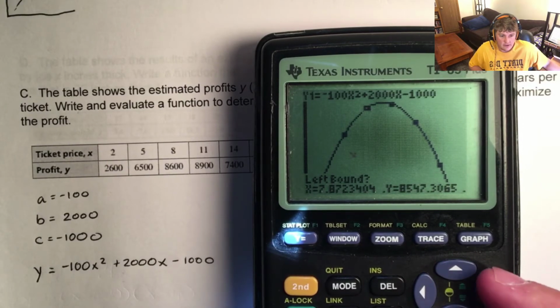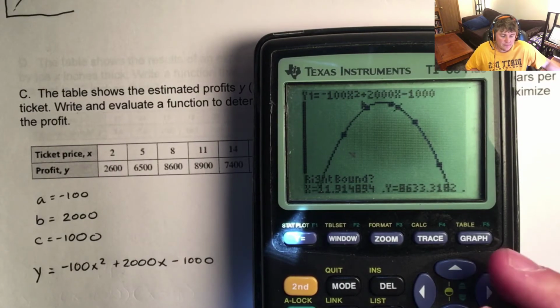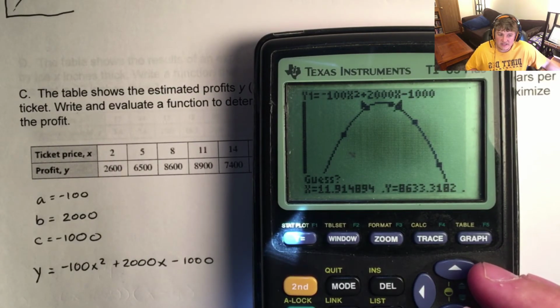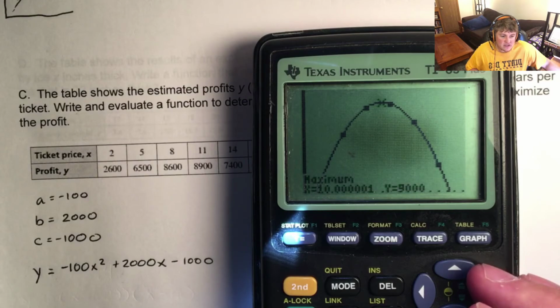Then it says right bound, meaning tab to the right until you know you are definitively to the right of that highest point. Then it says guess, because it doesn't have your answer yet. You have to hit enter one more time to guess, and then it's going to give it here.